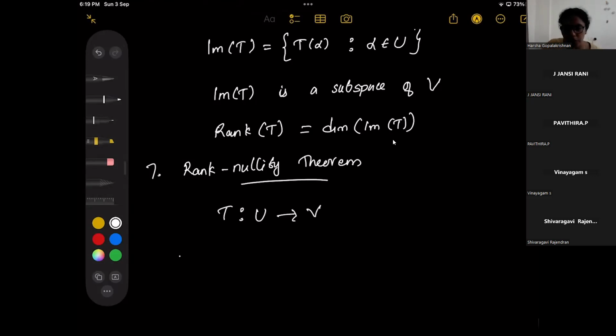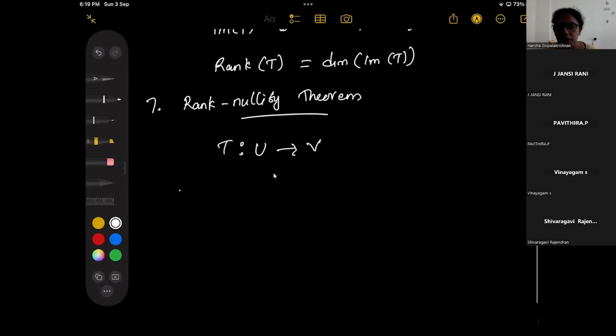And T is a map from U to V. It is a very important result in linear algebra. So, yeah, the question is, how to write the linear transformation in matrix form. While solving the problems, we will come to those kinds of questions. So first, let us just go through the concept. Otherwise, while doing the problem, it will be a bit difficult to understand. So, anyone knows the rank nullity theorem?